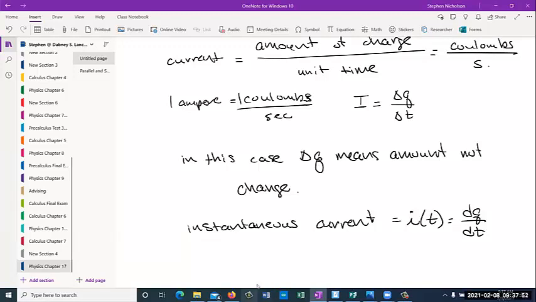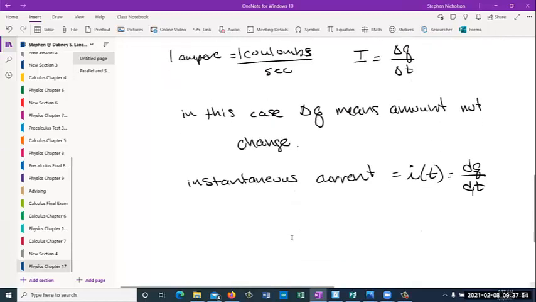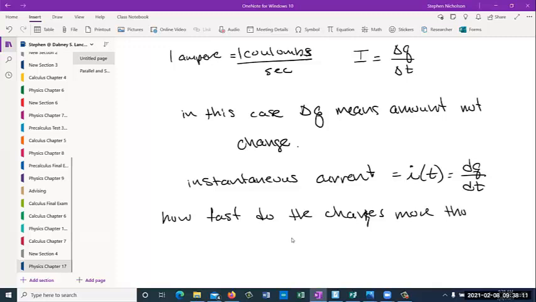Okay, so one question might be: how fast do the charges move through the conductor? This is a chat window question for you.